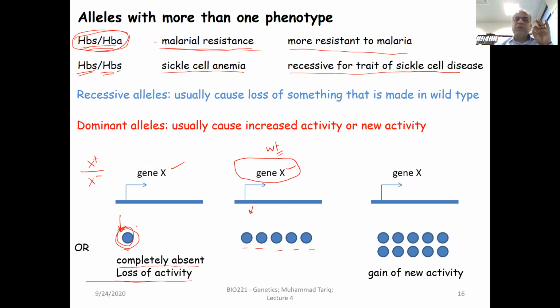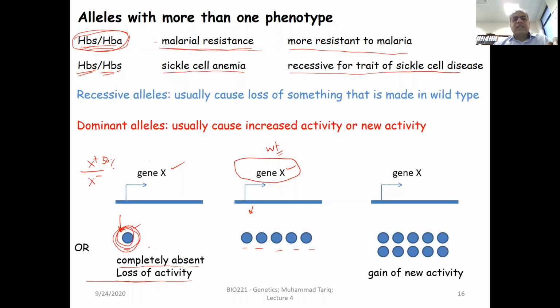So one of the chromosomes is like this, the other one is still producing 50% of the product. If 50% of the product is still performing function, it will most likely be a recessive phenotype. But if 50% is not enough, it will be a dominant phenotype.